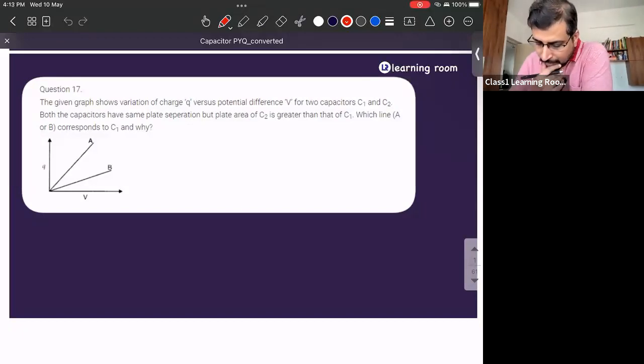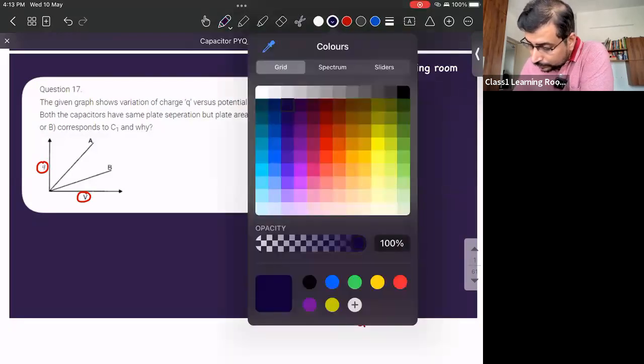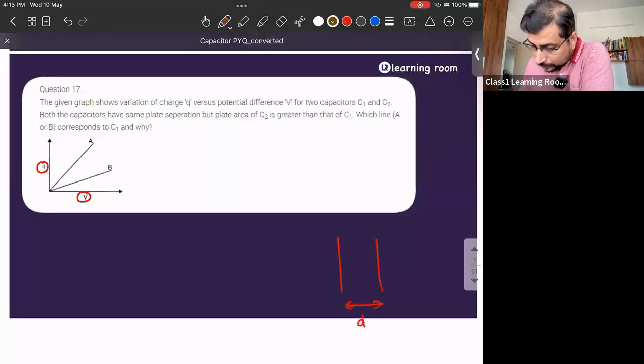If you observe the question clearly, there is a graph showing the variation of charge versus the potential difference, right? Both the capacitors have the same plate separation. So if I take them to be parallel plate capacitors, the distance of separation between them is same. But what did they say?